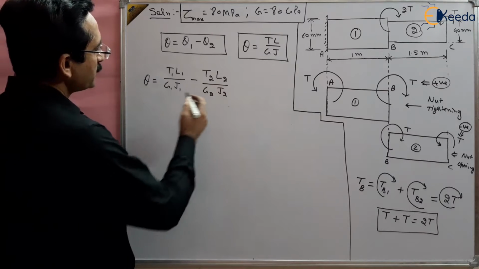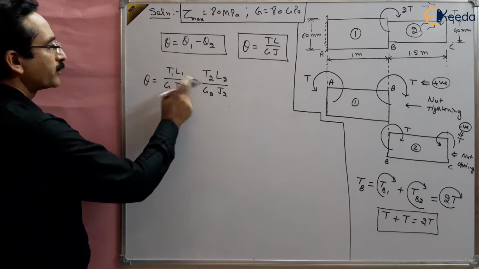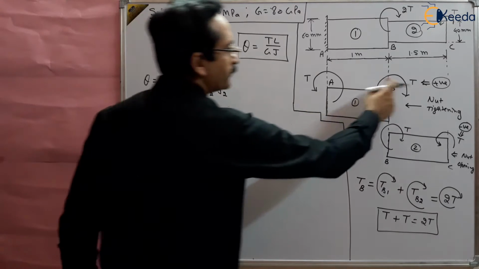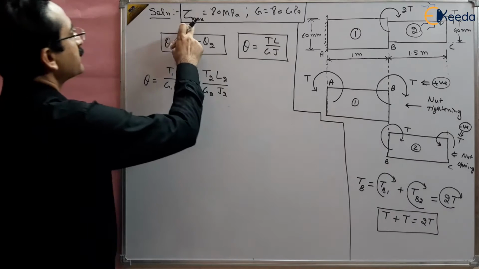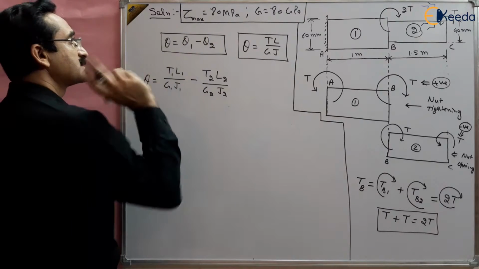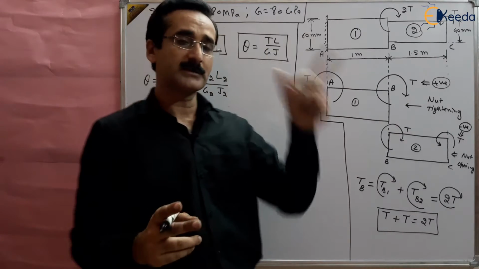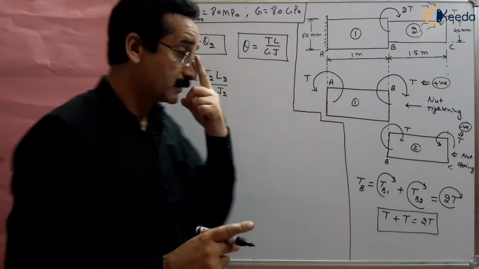Now torque is not given to us, T1 T2 is unknown. How to find out the torque? We are given the tau max, maximum shear stress. If maximum shear stress is given to us, we can find out the torque, because we know the relation between maximum shear stress and torque. What is the relation?